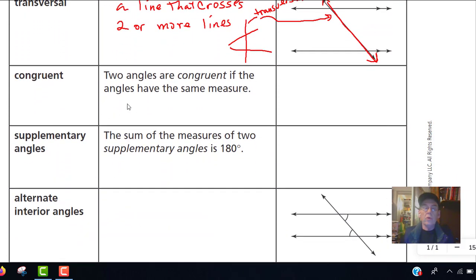Congruent: two angles are congruent if the angles have the same measure. We could look at a right angle, for example, and let's bisect the right angle. I'm going to mark these two angles as congruent. If these angles are marked as congruent, that means they must have the same measure.